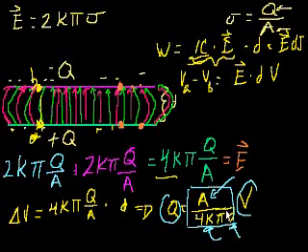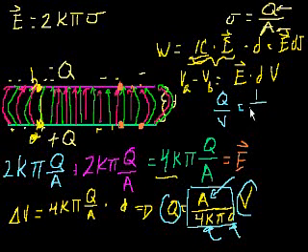And so another way of rewriting this, if we divide both sides by voltage, we get Q over V is equal to 1 over 4 k pi times area over distance.